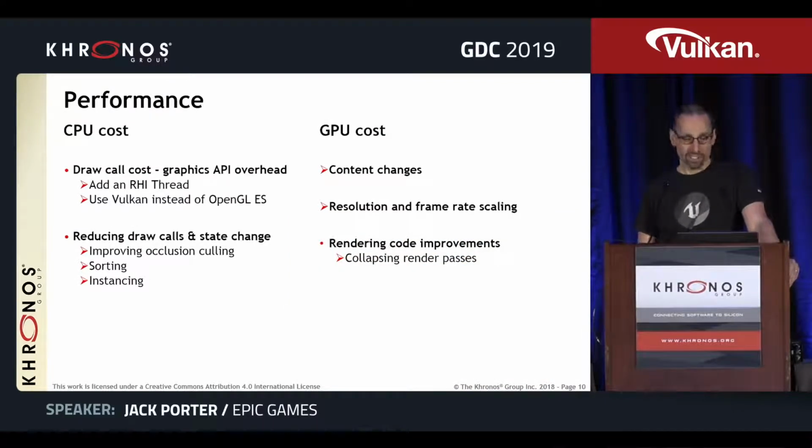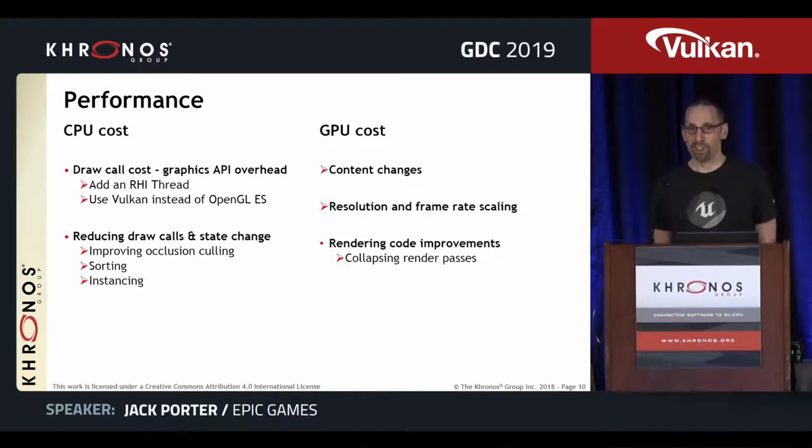On the performance front, we can divide it into the CPU and the GPU. And on the CPU, most of the problems we've had has been graphics API overhead due to the number of draw calls that we have. We've got a couple of strategies there.